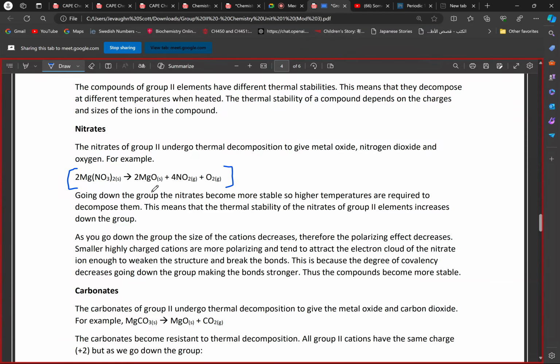Let me look over this for a second. Polarizing effect, smaller height, that should be fine. So if we're looking at the size of the cation, the cation can actually polarize the molecule. The smaller it is, the higher the charge density, so it tends to increase the strength of the poles on the molecule itself.